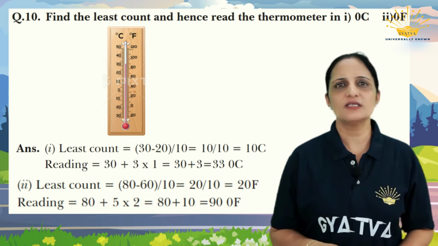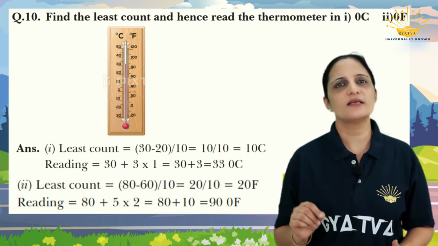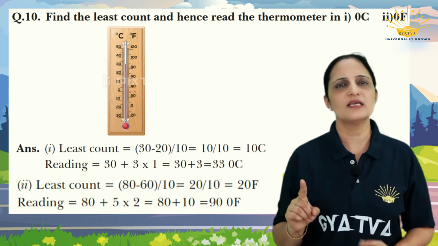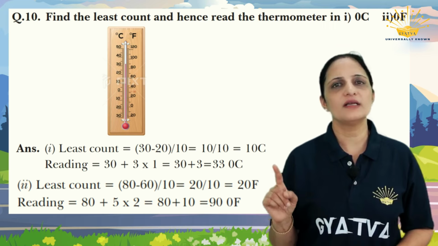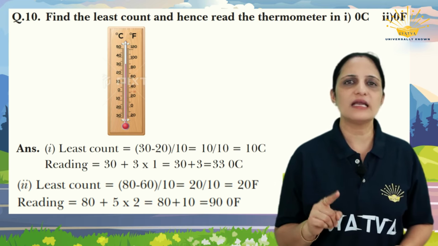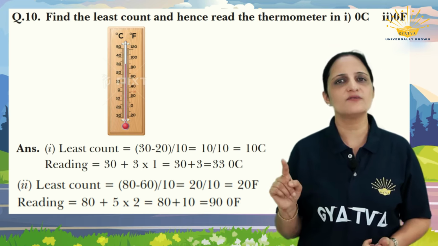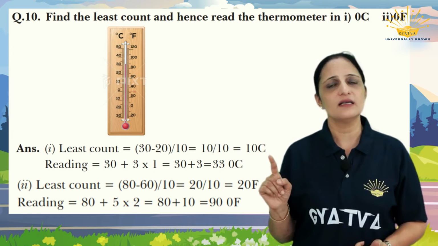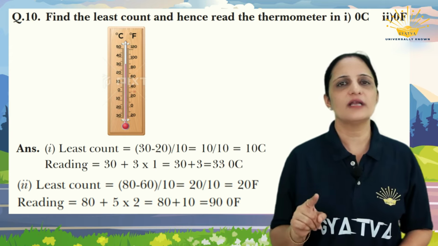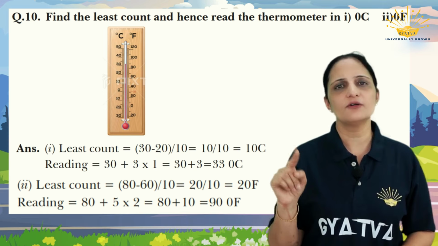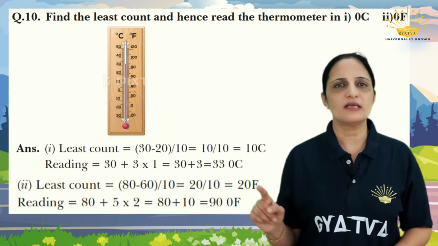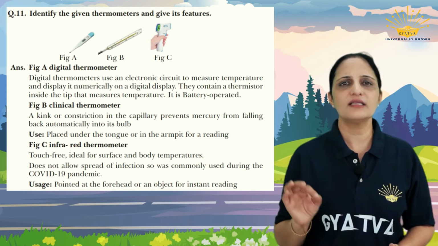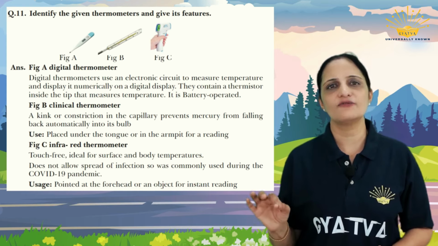So the least count is 30 minus 20 upon 10, that gives you 10 upon 10, 1 degree C. Reading 30 plus 3 into 1, that gives you 33 degree C. For Fahrenheit, 80 minus 60 upon 10, that gives you 20 by 10, that is 2 degree Fahrenheit. So the reading will be 80 plus 5 into 2, that is 80 plus 10, that will give you 90 degree Fahrenheit. Question number 11. Identify the given thermometers and give their features.